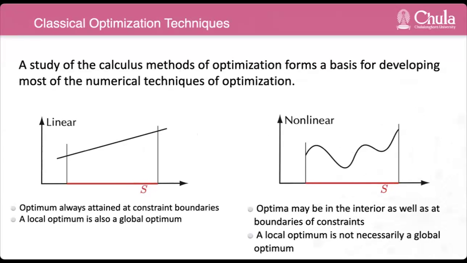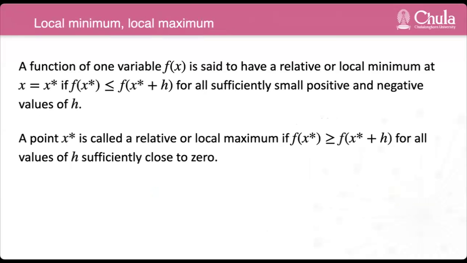Because once we disturb it, the value of the function increases. Okay? The same way, the point x star is called a relative or local maximum if f(x star) is greater than or equal to f(x star plus h). We define it the same way. This is the definition of local minimum and local maximum.